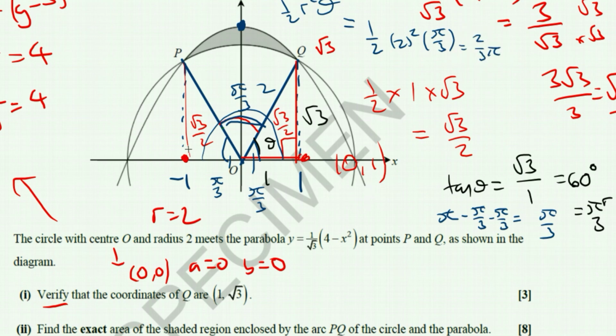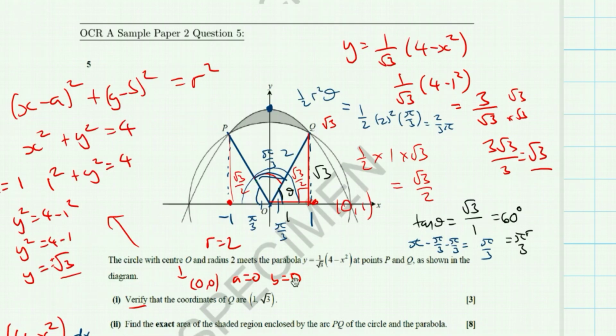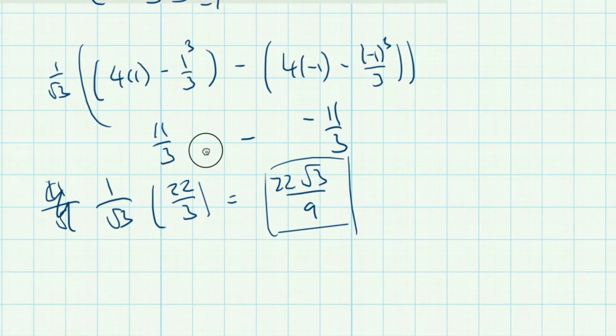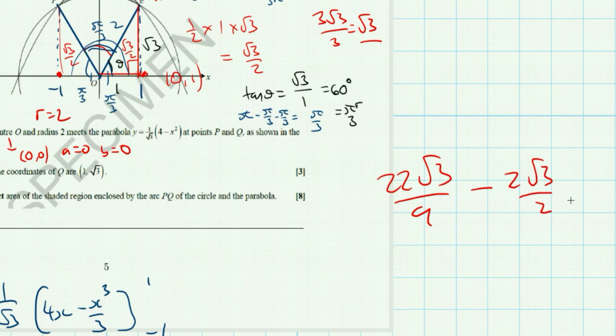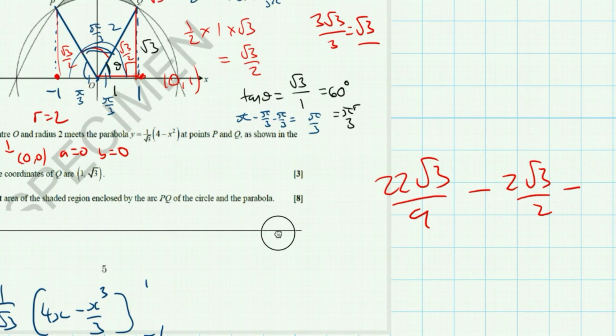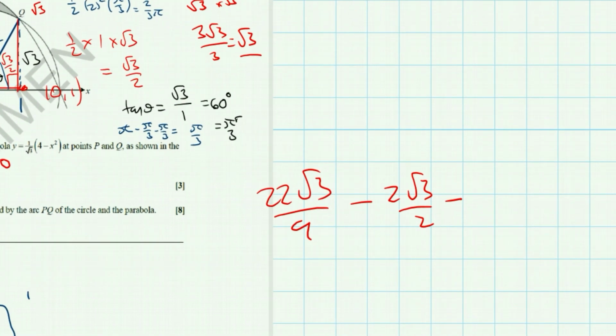So to find the overall area here, we take our integral result, which was 22 root 3 over 9, and then we subtract away our area of the triangles, so that's going to be 2 times root 3 over 2, and then we're also going to subtract away our half r squared theta that we've just found, which is minus 2 over 3 pi.